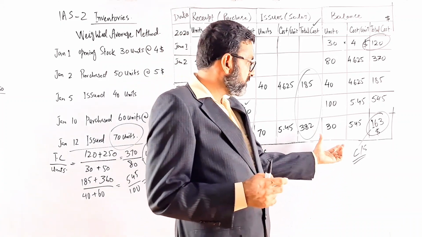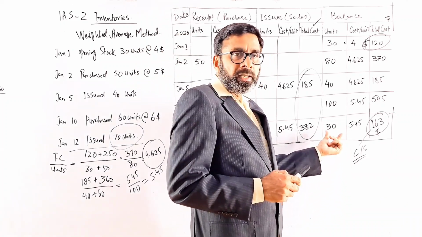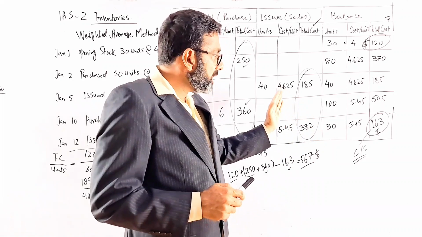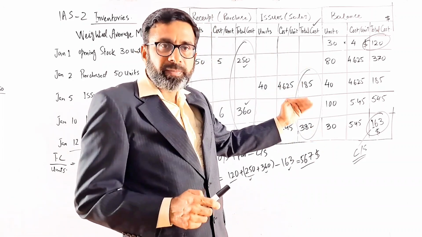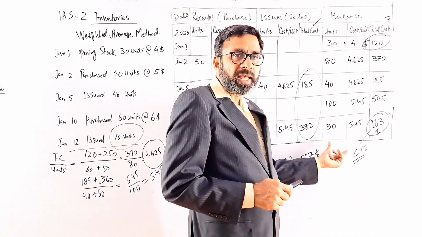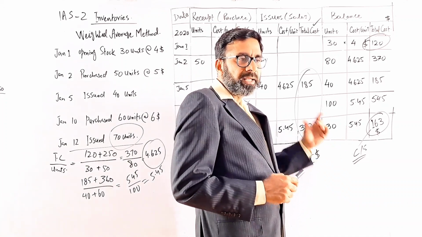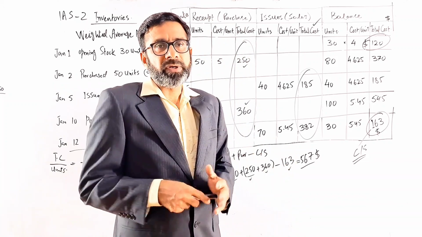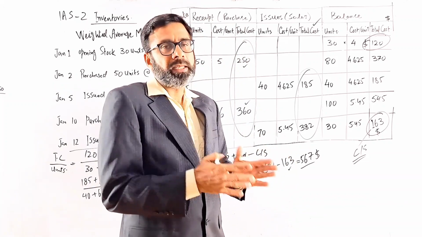So that's why the units are mentioned in the inventory card, because every transaction, every sale, every purchase, every receipt, every issue is recorded. This record should match with the physical inventory, and if it is matching, it means whatever you have done throughout the month is correct.